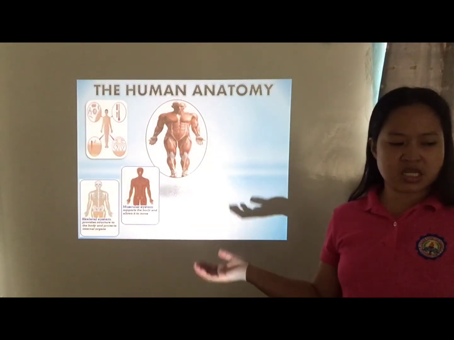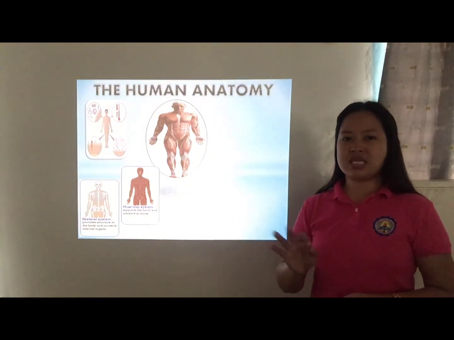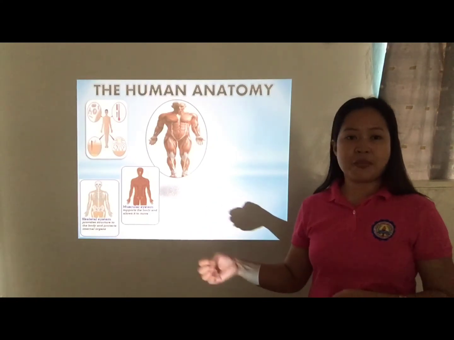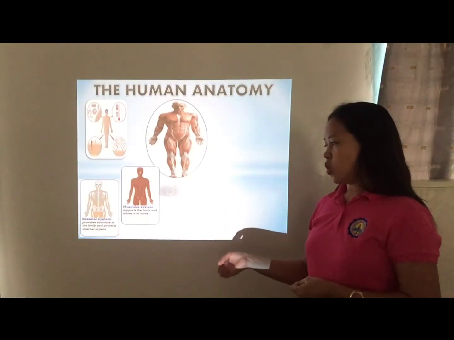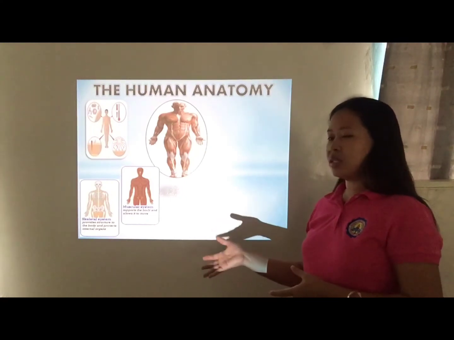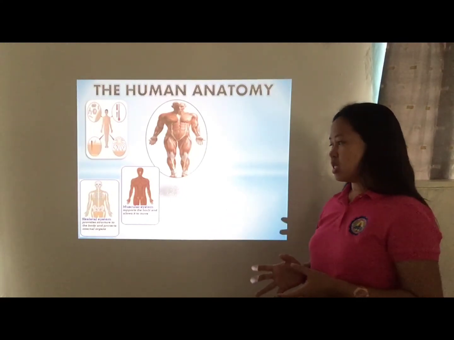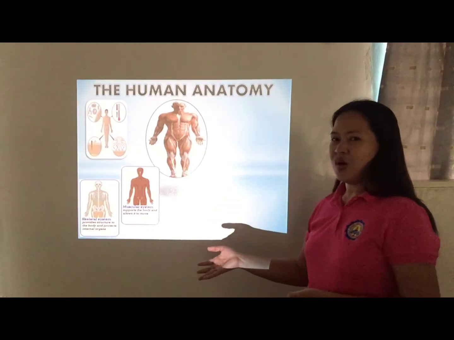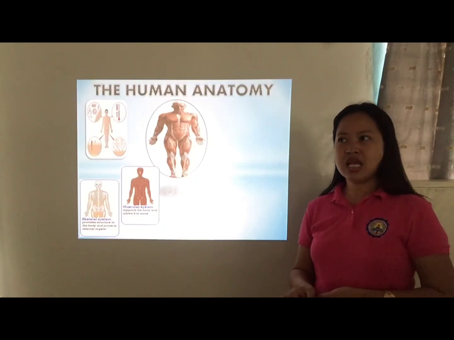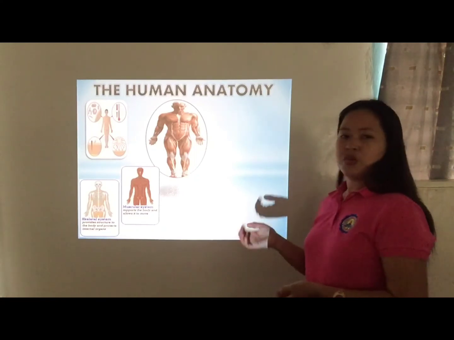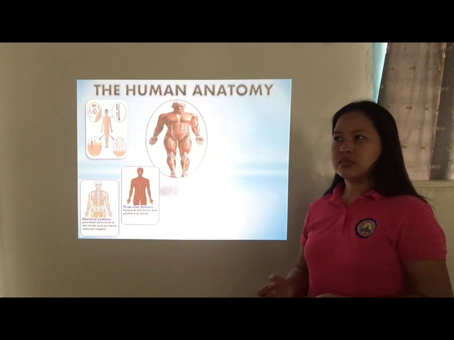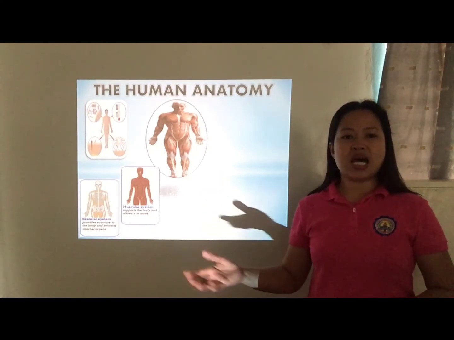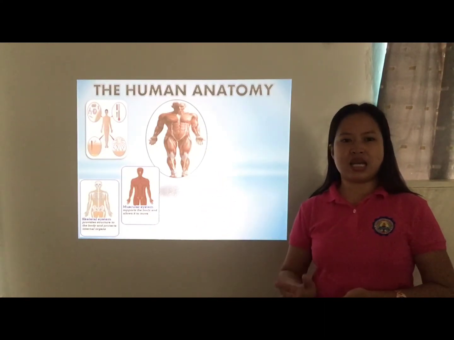In the muscular system, we have 3 types of muscles. We have the skeletal muscles. These are the muscles attached to our bones, and mostly their movement is voluntary. This means we can easily control the movement of these muscles. And then, we have the smooth muscles. These are found in our stomach and the intestine. And mostly, their movement is involuntary, or we cannot control it.